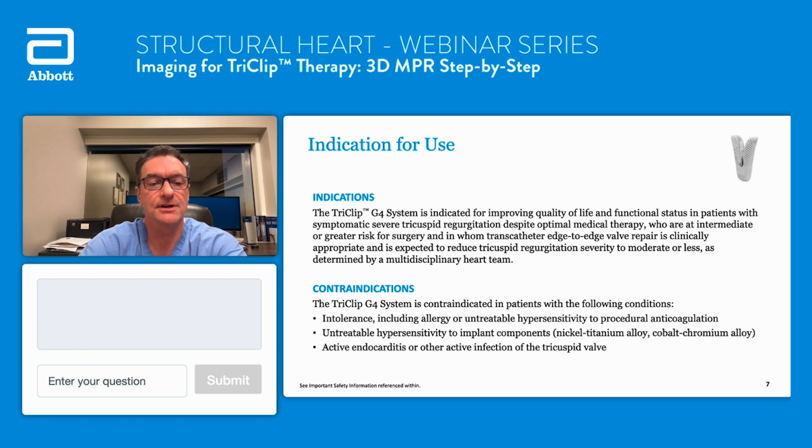There are some contraindications, including intolerance or allergy or untreatable hypersensitivity to the procedural anticoagulation. Likewise, untreatable hypersensitivity to the implant components, namely nickel titanium alloy or cobalt chromium alloy. Active endocarditis or valve infection are also contraindications.